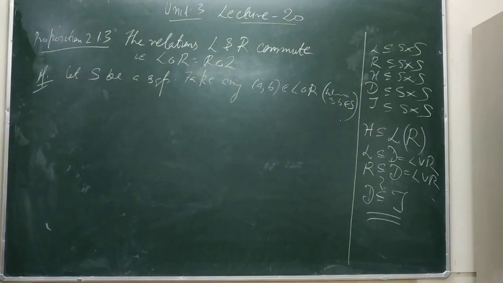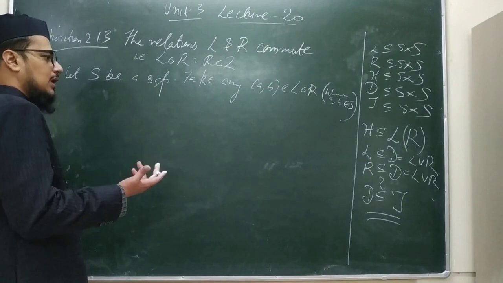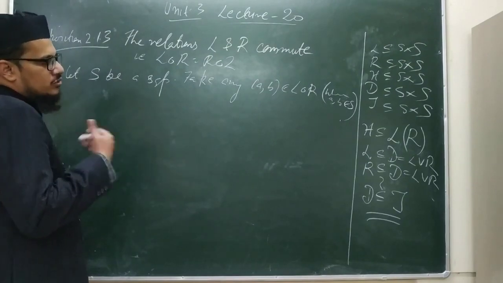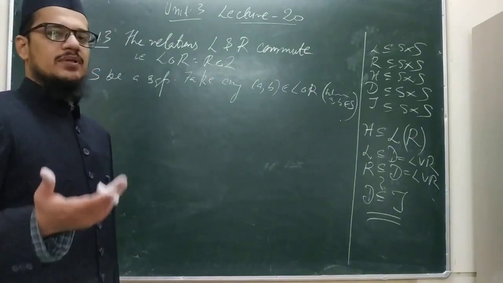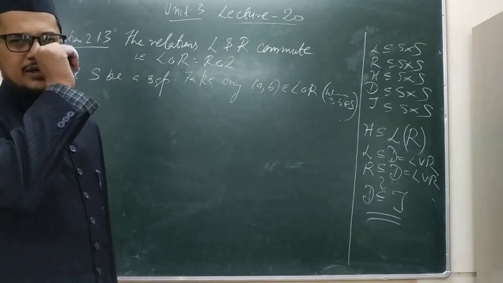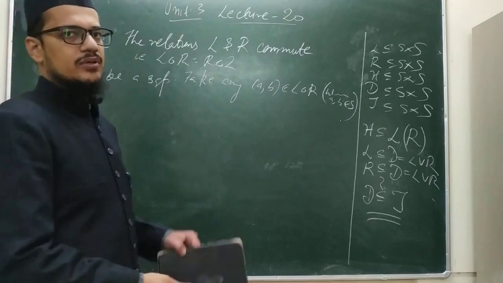So basically we have taken an element in L composition R, isn't it? And now we have to prove that A, B goes in R composition L. Then L composition R will be the subset of R composition L. And conversely, we can prove that R composition L is a subset of L composition R.